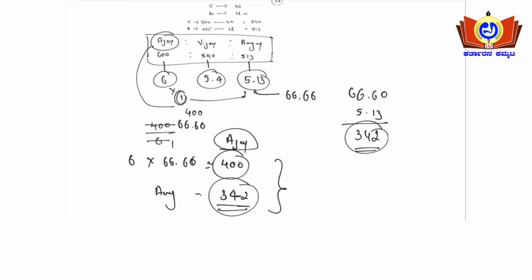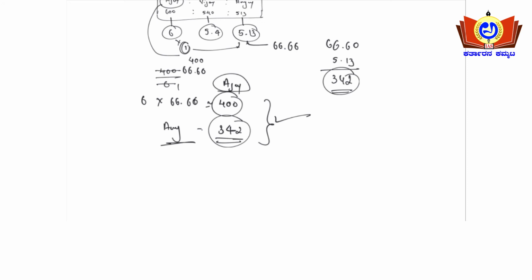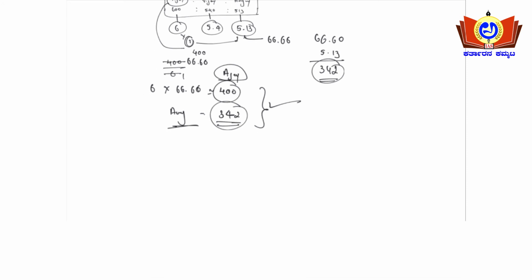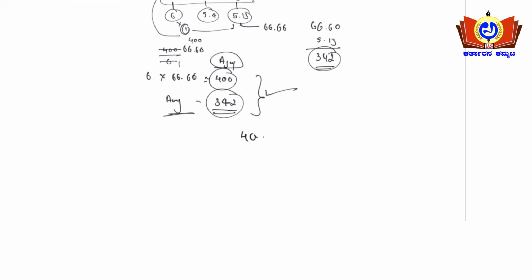So this is the answer for that. In the question they have asked by how many meters Ajay will beat Anjay, right? So 400 minus 342 equals 58. So Ajay will beat Anjay by 58 meters.